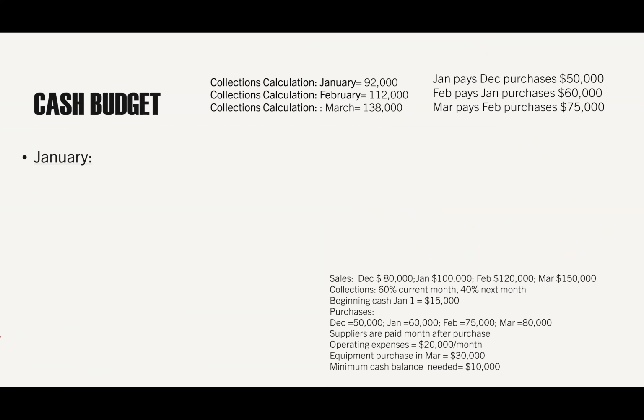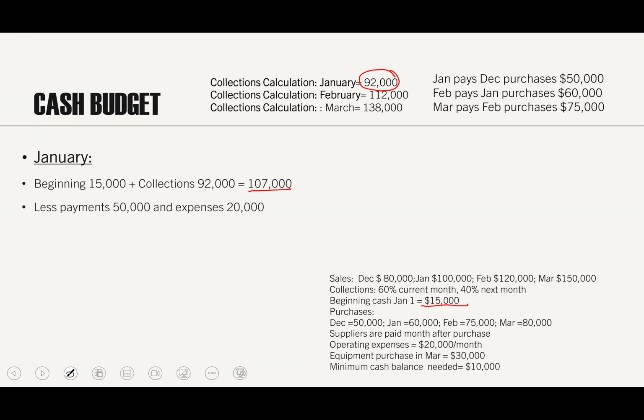Let us see what we are going to do for January. Remember, we were given our beginning cash balance here at $15,000. During the month, we did $92,000 of collection. So total cash available is 15 plus 92.